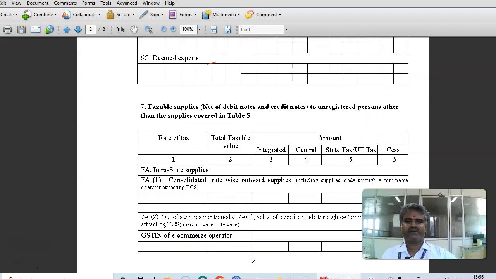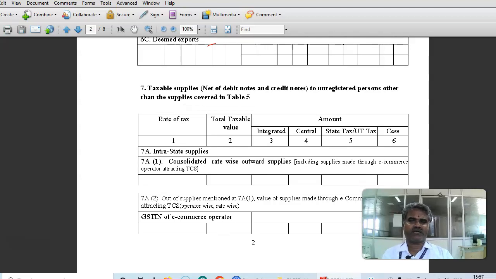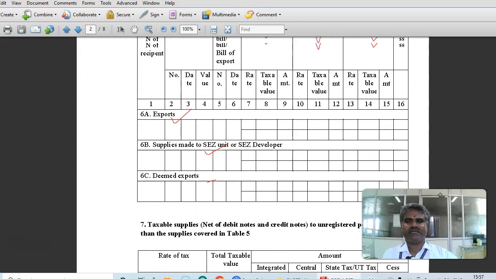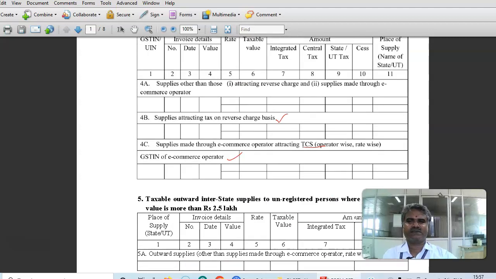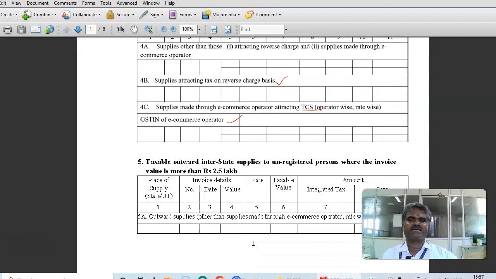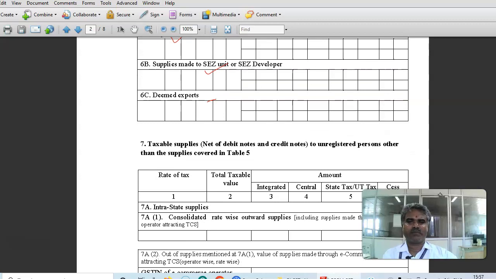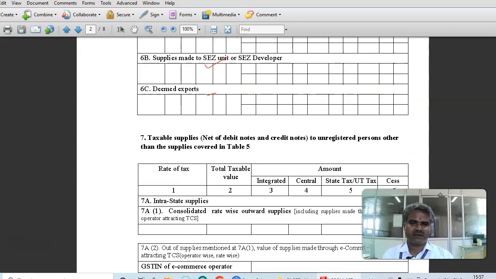Then you see taxable supplies, net of debit note and credit note, to unregistered persons other than the supplies covered in table 5. You see what is table 5? Table 5 is for what? Yeah, taxable outward interstate supply. So here you are going to give taxable supply to unregistered persons, other than that, meaning this is intrastate.